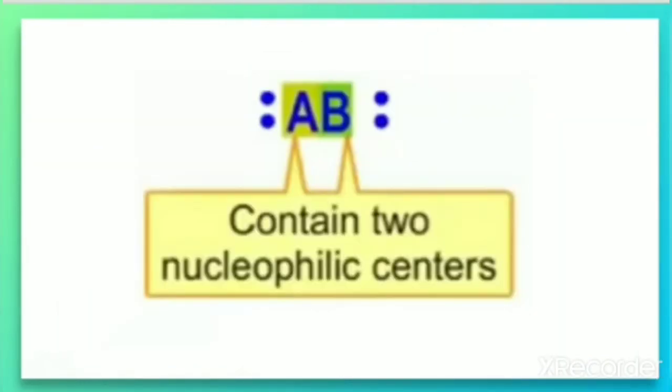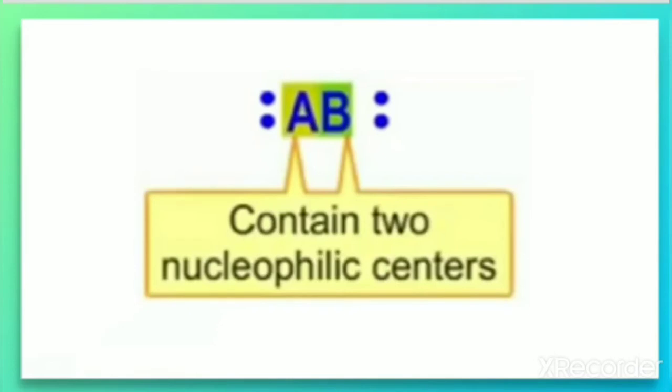There are some types of nucleophile which have two nucleophilic centers. That means it can bind either through A or it can also bind through B. That means the bonding can take place either through the A atom or through the B atom because of the presence of lone pair on each.